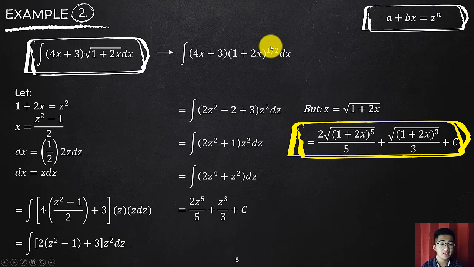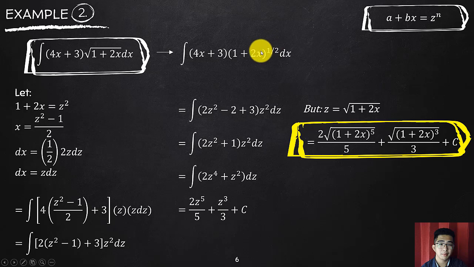So it says on case number 2, if you have this expression a plus bx raised to a fractional power, you can replace it with z raised to n. What is n again? The least common denominator of the exponents. The exponent of this base is 1/2. Its LCD therefore is 2, right?